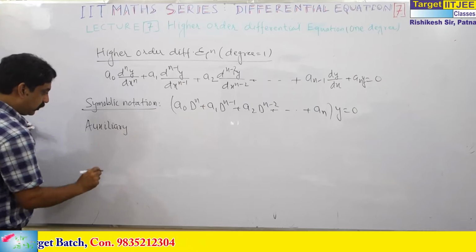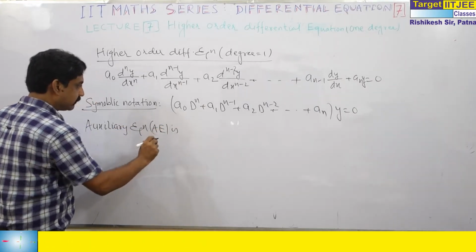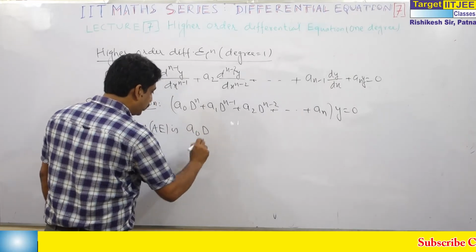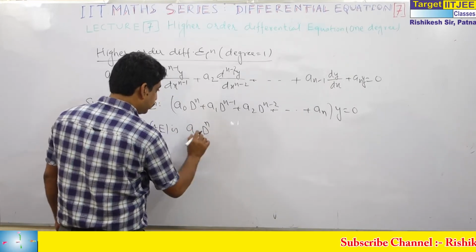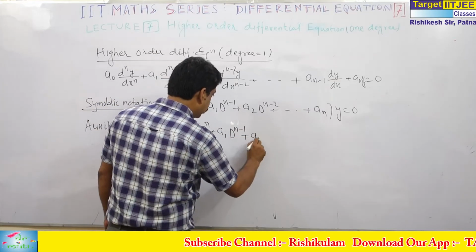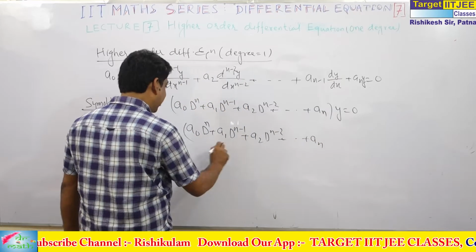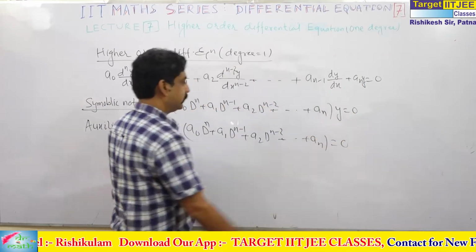The auxiliary equation is normally written as a0 D^n plus a1 D^(n-1) plus a2 and so on, plus an equal to 0. Means we write this by removing the y.